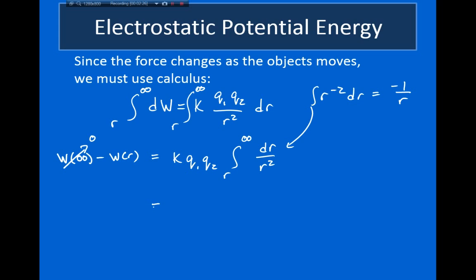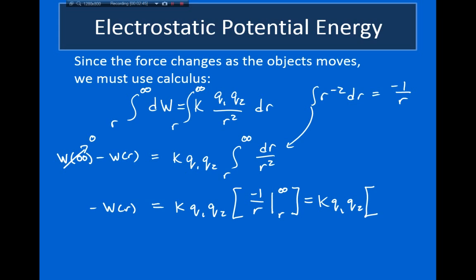So over here, we have minus the work that is done by r is equal to k q1 q2 times minus 1 over r, and now we have to evaluate this between our endpoints. So if we evaluate this, we have k q1 q2, and at infinity this is going to equal 0, and at the other point this will equal minus 1 over r.